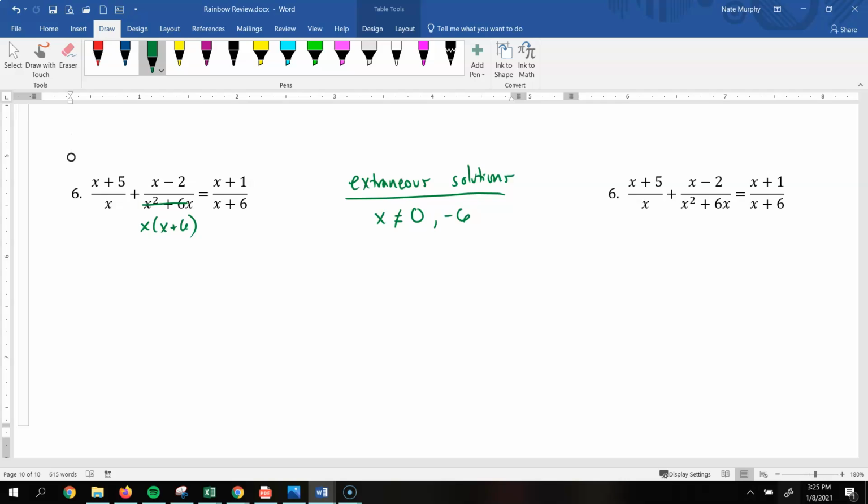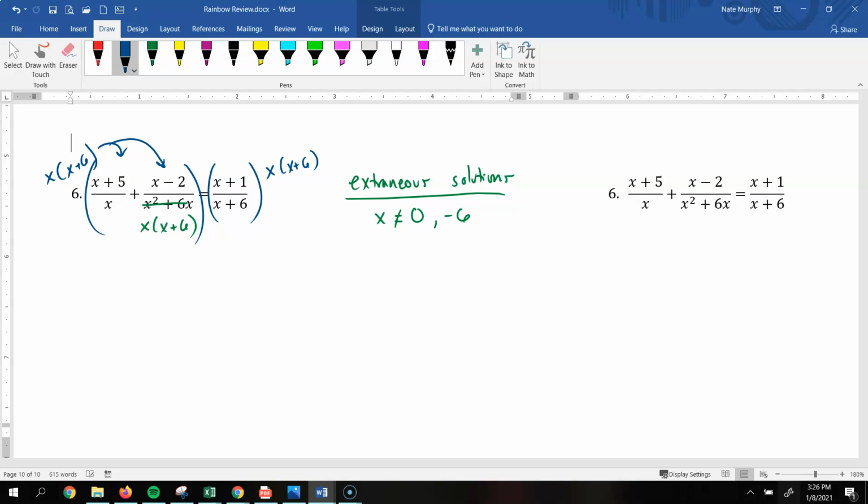All right, so the next step is to identify our LCM. Our least common multiple is x times x plus 6. So we're going to multiply everything on both sides by x times x plus 6. Now we start with the first fraction, so we're going to multiply that times both of those.